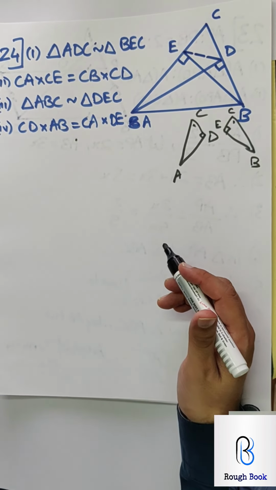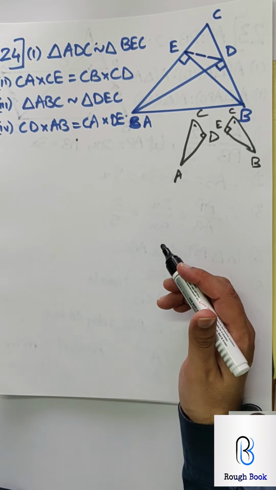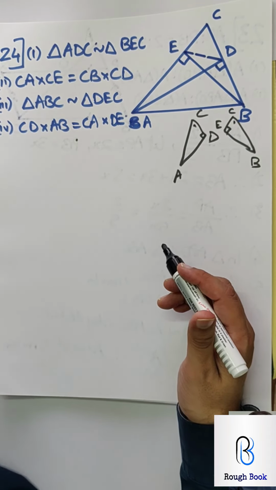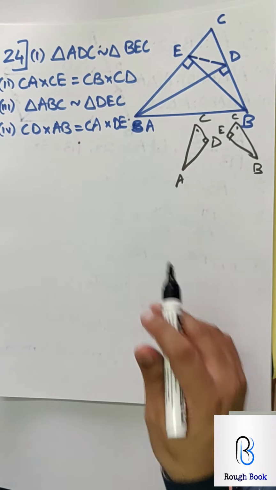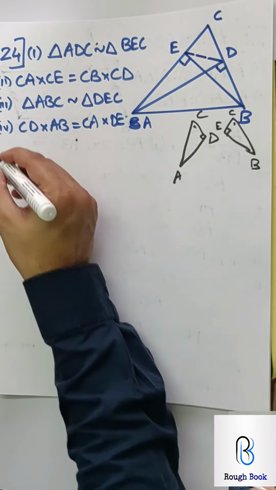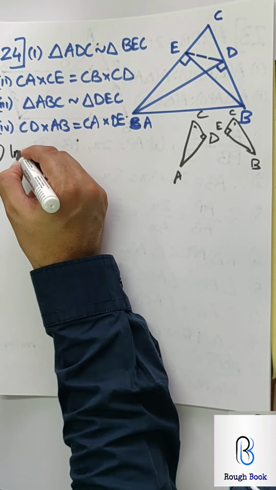So come on, hit it. I'm sure most of you will be able to do this sum on your own, at least the first part, and then from the first part you use CSST and you will get your second part also. So come on, try it. So let's prove the two triangles similar.